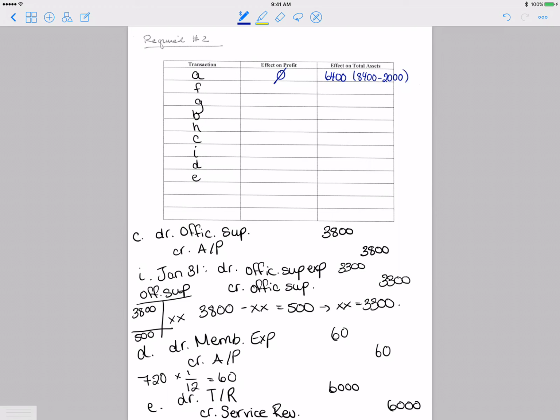Now, for part F, we accrued our 1 month of depreciation. So we know that we have a decrease on our shareholders' equity through the expense, which is a decrease on profit of 350. How do we know this? Because our profit is equal to our revenues minus our expenses.